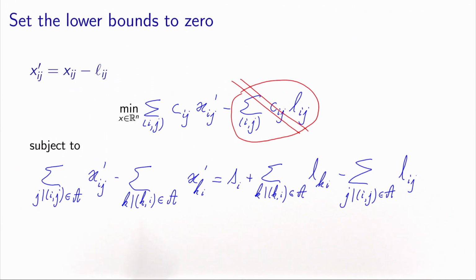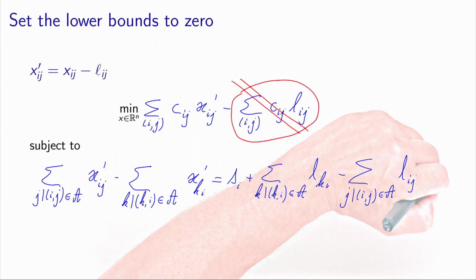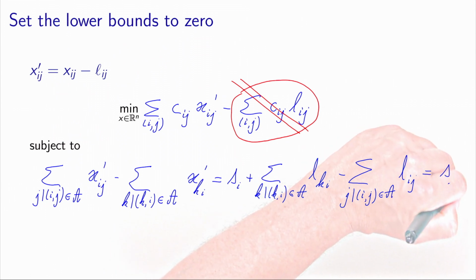Because of the shift, now the supply and demand becomes Si, the supply and demand of the problem, plus the sum of the lower bounds of the incoming arcs minus the sum of the lower bounds of the outgoing arcs. We can consider this quantity as a shifted supply-demand information that we denote by Si'. Interestingly, the form of these constraints is exactly the same as before.